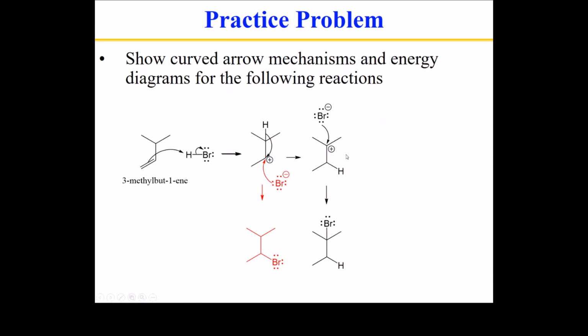It's kind of more random in terms of how it does the chemistry. A less reactive species, like hydrochloric acid, is more selective, meaning that you're going to get a better yield of your major product. So hydrochloric acid actually is a little bit better in a lot of these reactions because it's slower and it waits for everything to shuffle out before it comes in and attacks the carbocation.